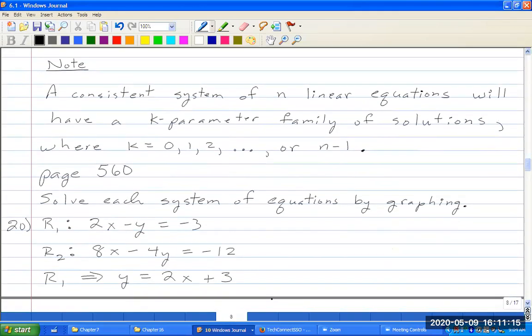So let's do page 560, problem number 20. Solve each system of equations by graphing. So I'm going to use the very first technique that I gave you.